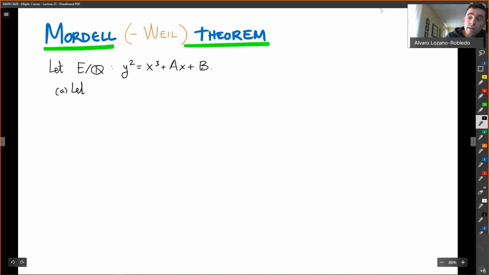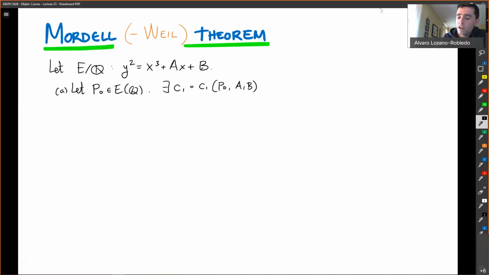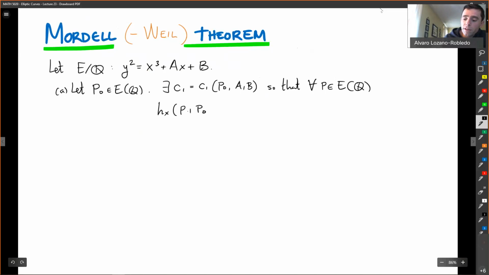A: Let P naught be a point on E. Then there is a constant C1 that depends on P naught and on A and B, the coefficients of the Weierstrass equation, so that for all P on E, the height of P plus P naught is less or equal to twice the height of P plus C1.